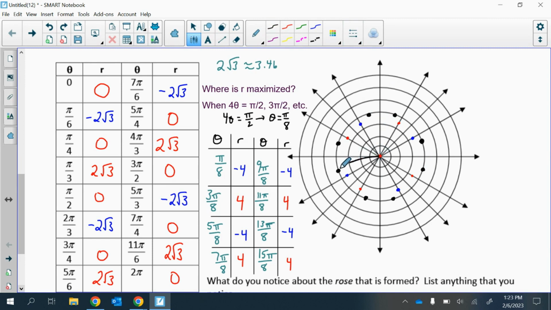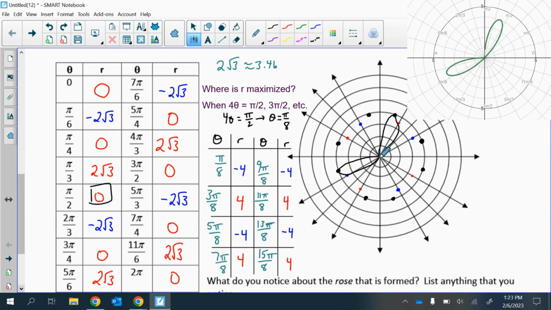So it's going to go like this, then through the blue point back here, then through the red point up to the black point and back. And so that takes me up to pi over 2. And then I continue this process.